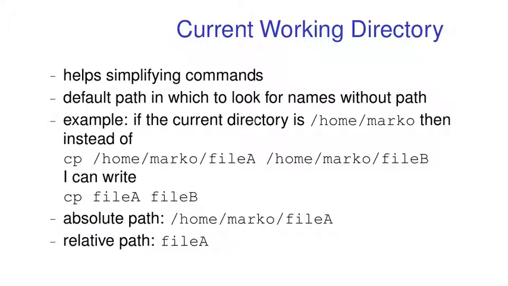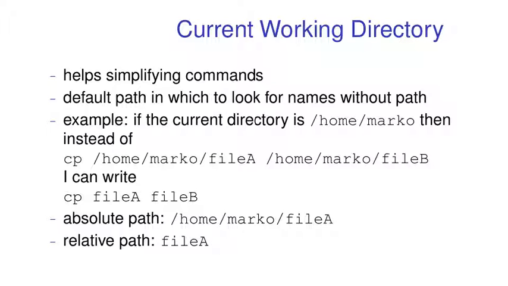Of course, it would be tedious if we had to enter the full path for every file we work with. What helps here is the current directory. This is a path that is used whenever we do not explicitly state a path.